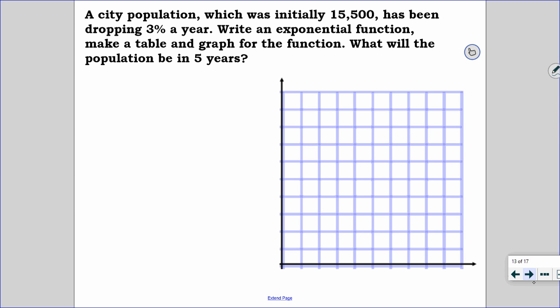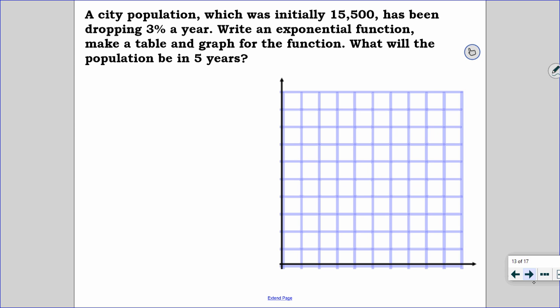Starting at 15,500. And let's round to the whole person. So again, what's that initial amount?